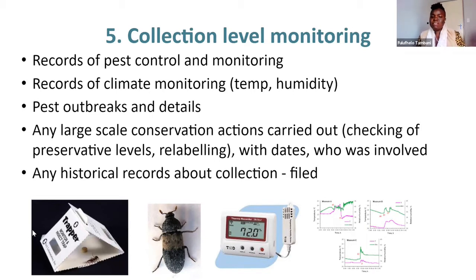This has to include the date that this was done, and who was involved in doing that. It has to show that. Also, any historical records about the collection need to be filed. So all this information is required. Next slide.